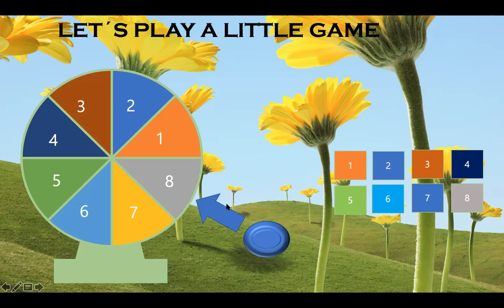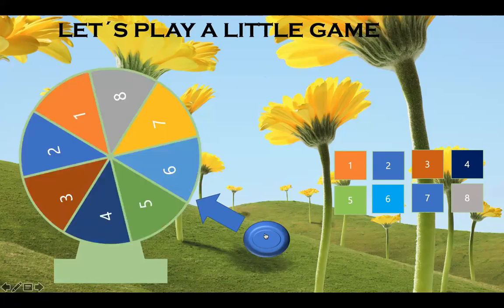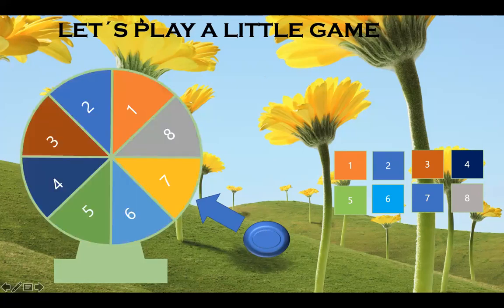I will spin the wheel, and then you will have to answer the questions contained in the number indicated by the arrow. Okay, you got it? Yeah. All right. Stop.